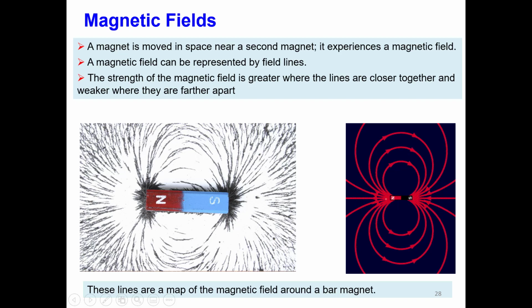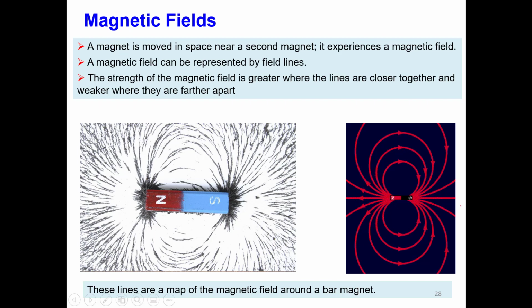The magnetic field lines always go from the north to the south pole. In the same way, in the electric charge, the lines start in the positive charge and end in the negative charge.